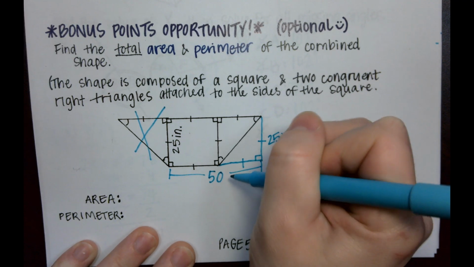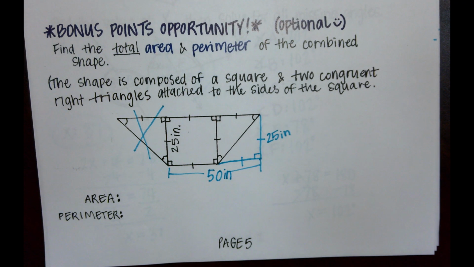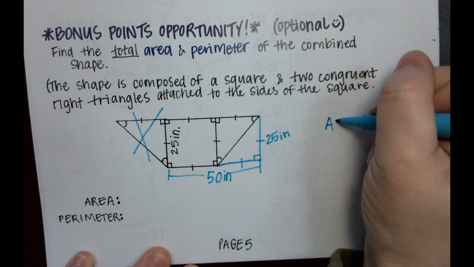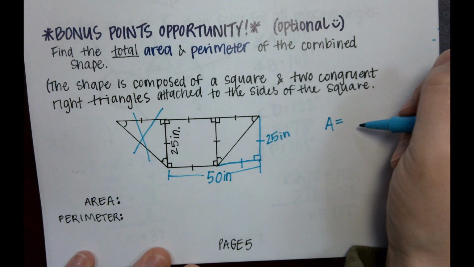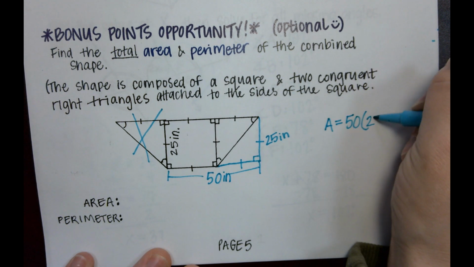Perfect. So 50 inches. This will give us our area. So how do we find our area here? We just do 50 times 25, base times height.